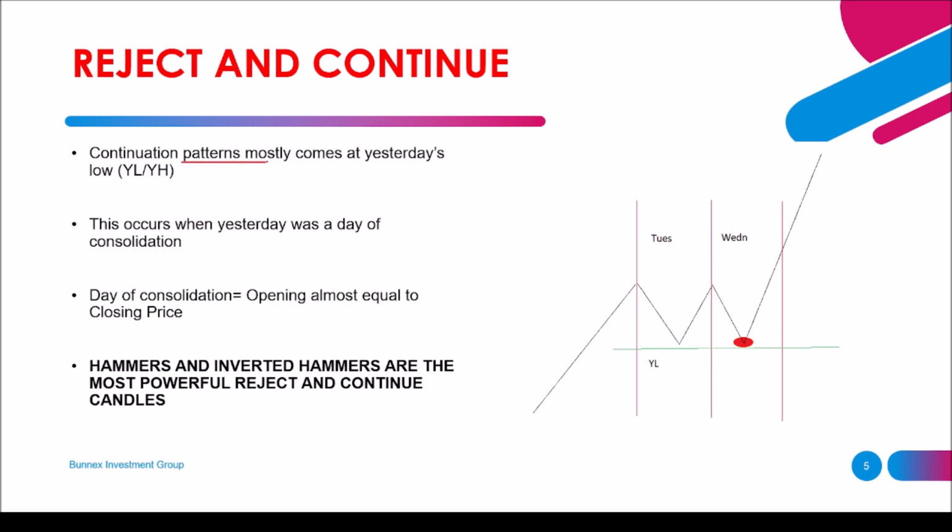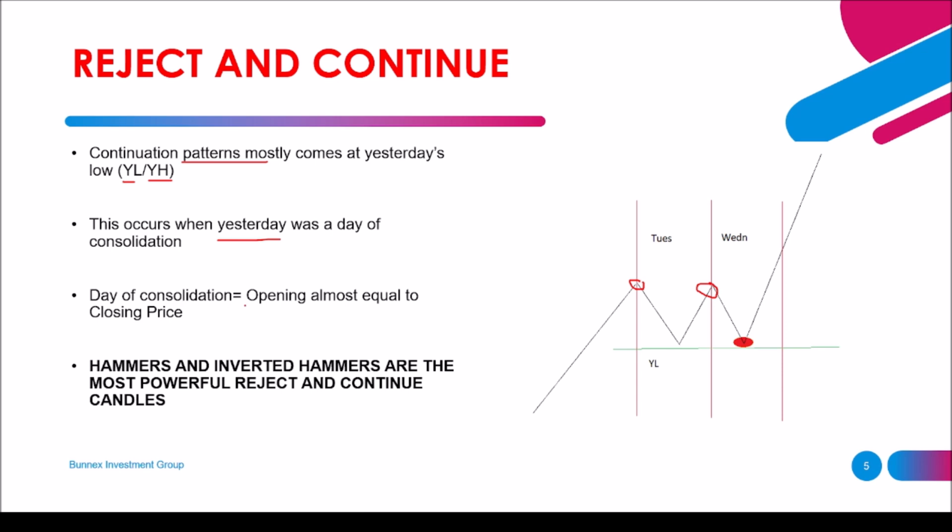Continuation patterns mostly come at yesterday's high or yesterday's low, abbreviated as YH or YL. This occurs when yesterday was a day of consolidation. In this particular case, a day of consolidation is a day whereby the opening price of that day is almost equal to the closing price of that same day.